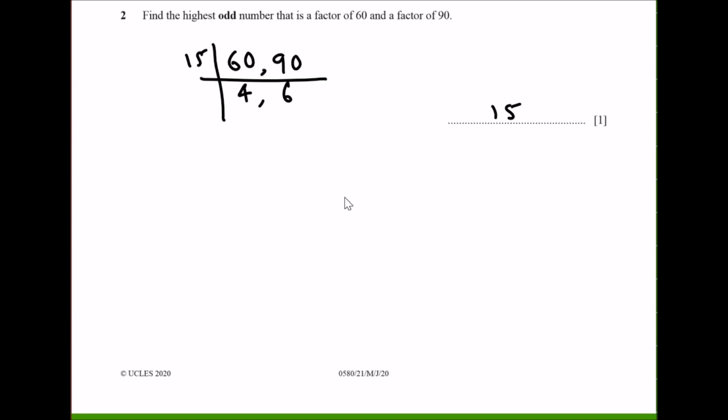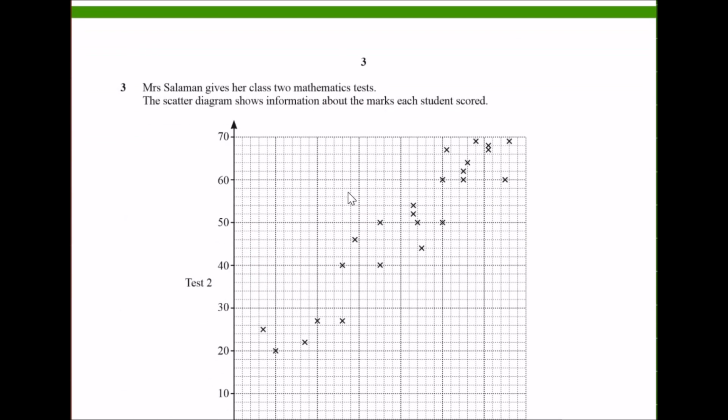Okay. This is just a 1 mark question, so this is a sufficient answer for that. Okay, let's go to the next question.